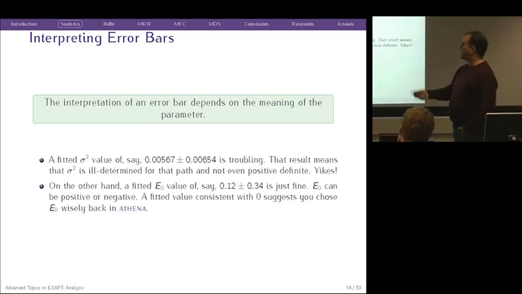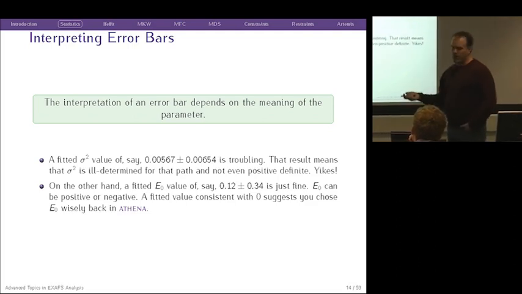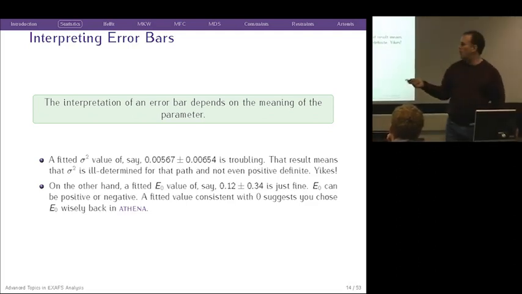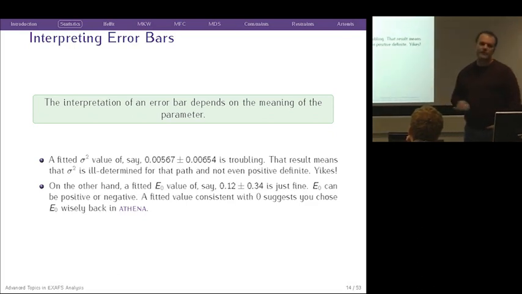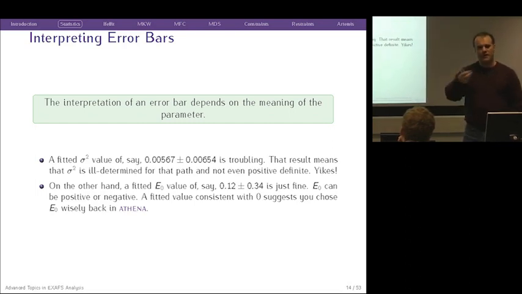In the situation where you run the fit and sigma squared comes out to be a negative number or a small number that is not positive definite, that's usually telling you something about a shortcoming of the physical model. That is, you've assumed something about the structure in your material that is not consistent with what you actually measured. And at the end of the day, when you do understand the structure of the thing that you're measuring, you should find that all of your sigma squareds are positive definite numbers.